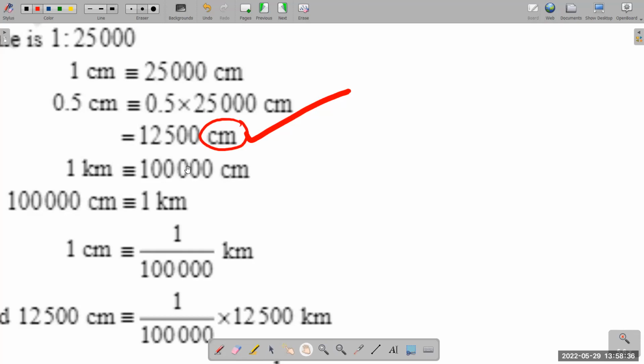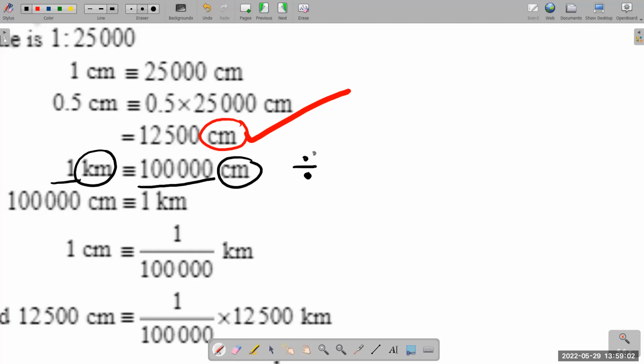And guess what mistake some people make? They just multiply instead of divide. Why do you think you need to divide and not multiply? What could help you do that? What are you moving from? If you are moving from cm to km, look at what is happening to the numbers. You're moving from a bigger number to a smaller number. So what does that tell you that you need to do? Divide.